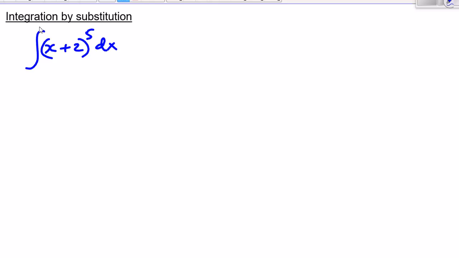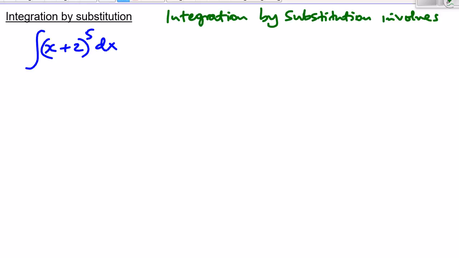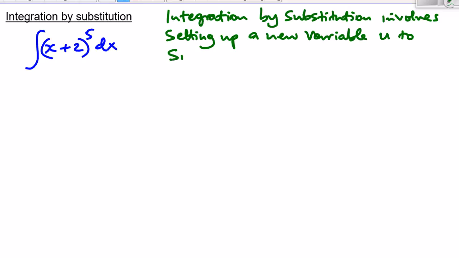Now, integration by substitution involves setting up a new variable u to simplify the integral.